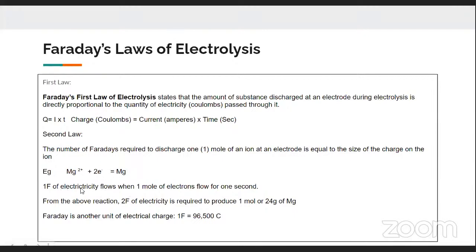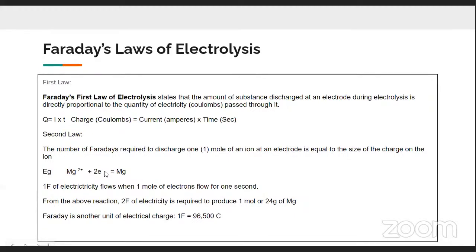And 1 Faraday flows when 1 mole of electrons flow for 1 second. That's for the physics people, who will know that. Each mole of electrons represents 1 Faraday.